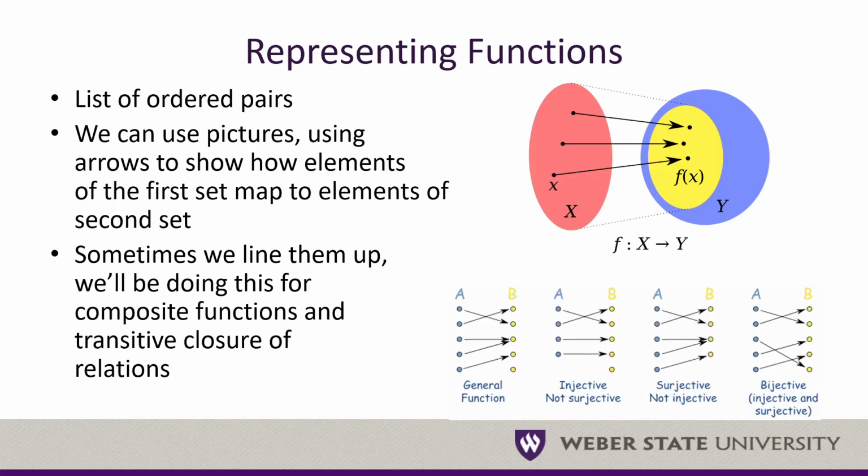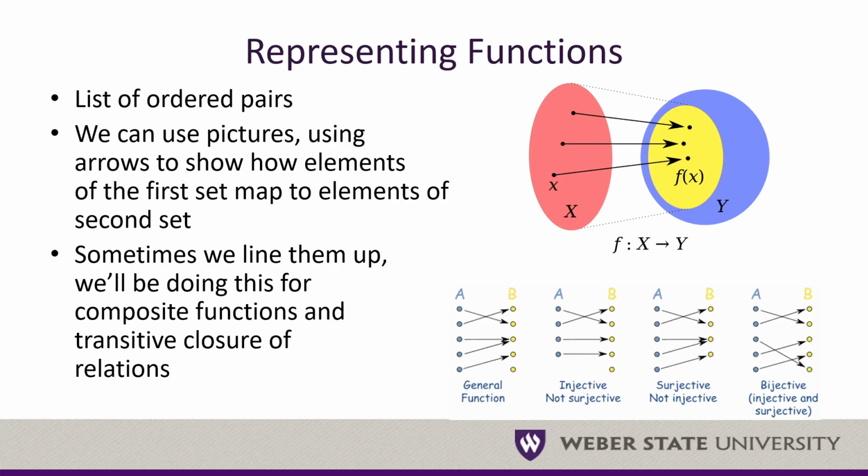In general, we won't be lining them up when I've got sets that, if I had 20,000 elements here, it would be ridiculous. We'd be here all day just trying to put the 20,000 elements in the first column, and we'd never get to what the relation was to begin with. But once again, we use pictures to represent ideas and concepts that we can then plug into the computer and make things happen.